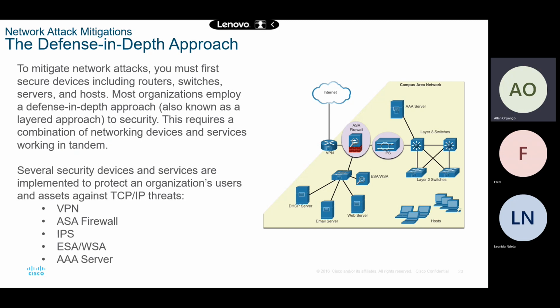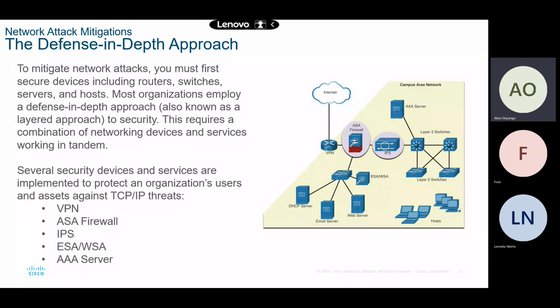It can also have what's called ESA or WSA, where ESA means email security appliance and WSA means web security appliance. From the name, the email security appliance clearly filters email traffic. The web security appliance filters web traffic from the web servers. Very important, so that the two of them are separated.